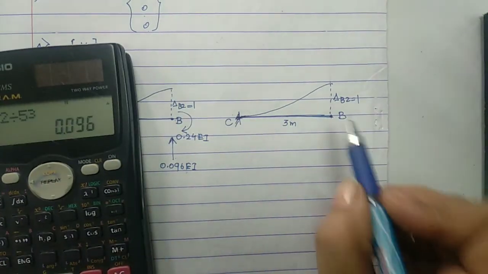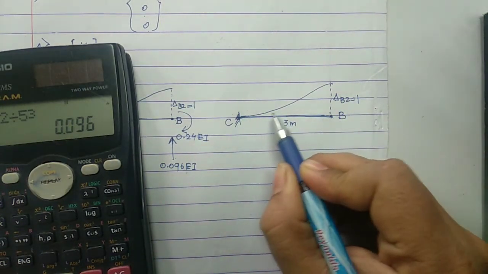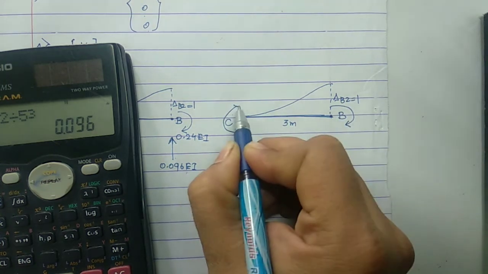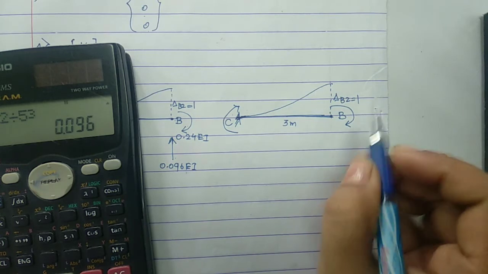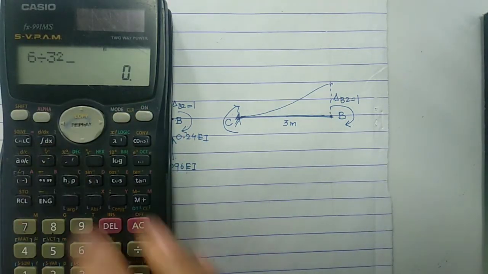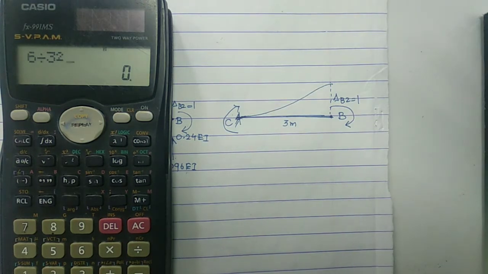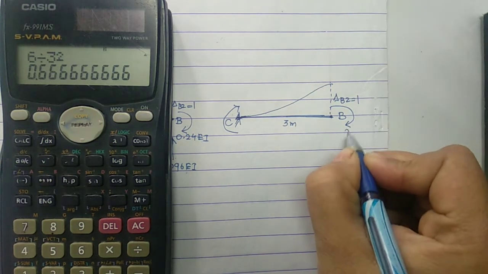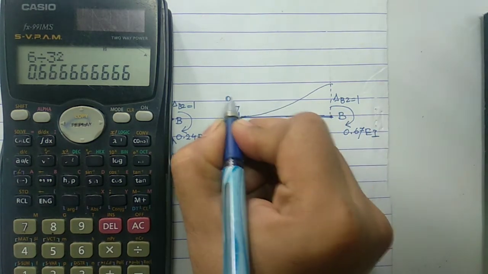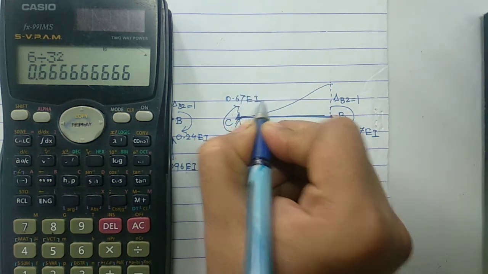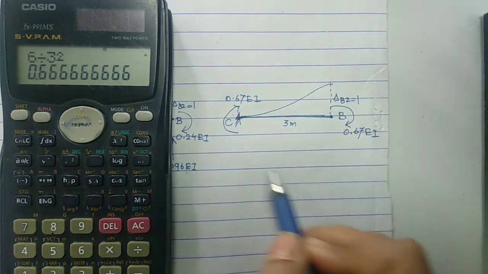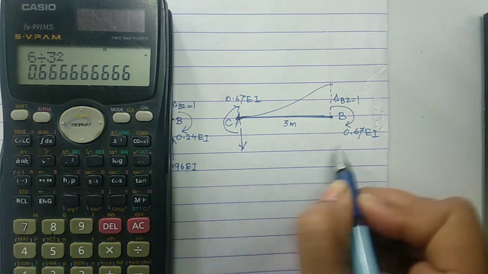Now for the CB member, it is deflected in this shape. The moments generated here and at C point will be in the same direction, magnitude 6 EI upon L square. So 6 divided by 3 square, the span being 3, equals 0.667, that is 0.67 EI. These moments are in clockwise direction, so the reaction should form an anti-clockwise couple.